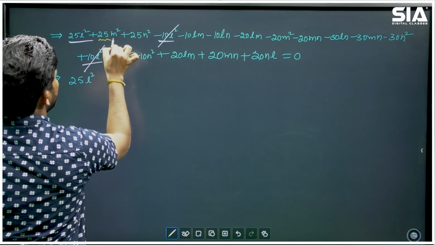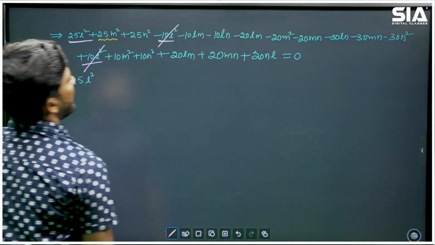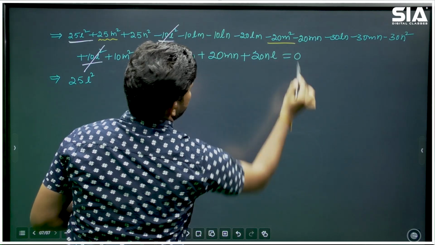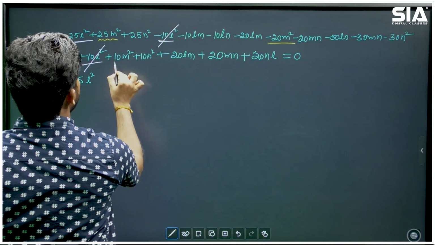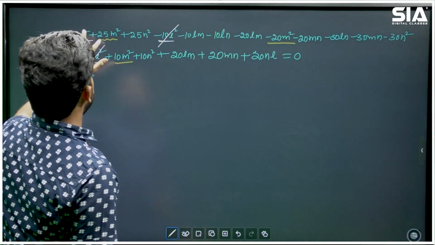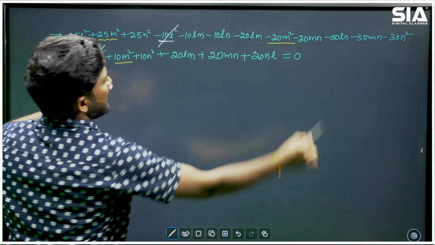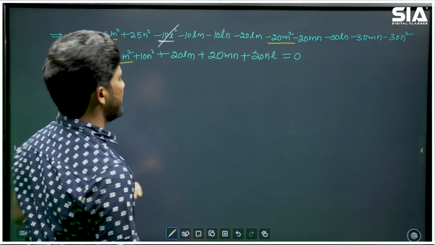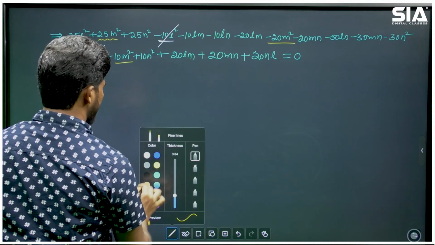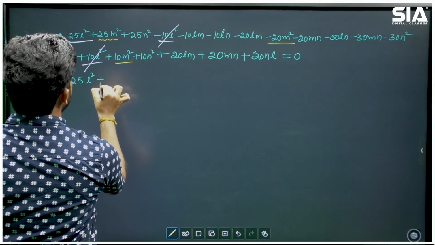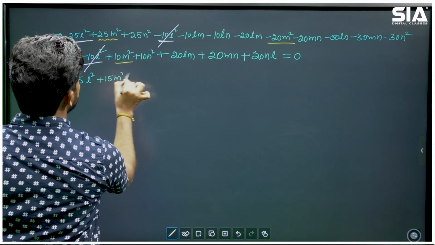So here you have 25 m square and minus 20 m square and here 10 m square. Plus 10 plus 25 plus 10 plus 35 plus 35 minus 20. So 15. Okay, so we can write a plus 15 m square.